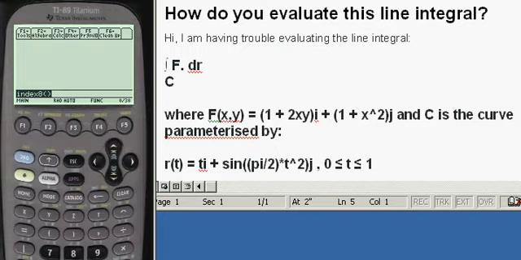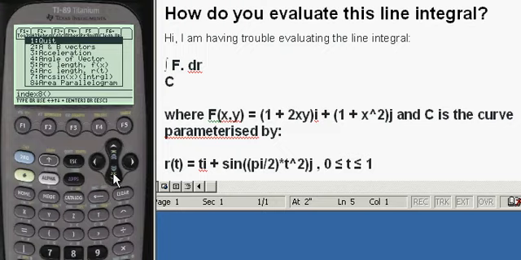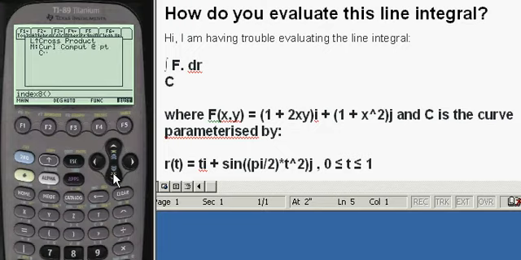I press the Index 8 key to get to my menu. Scroll down here to line integrals, because that's what they are asking you to do in the problem, in your test or homework.